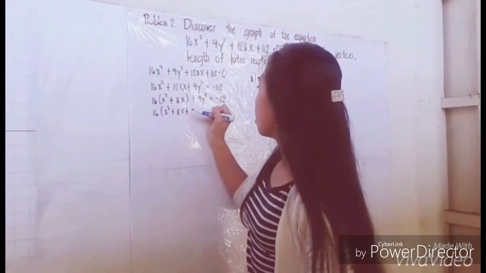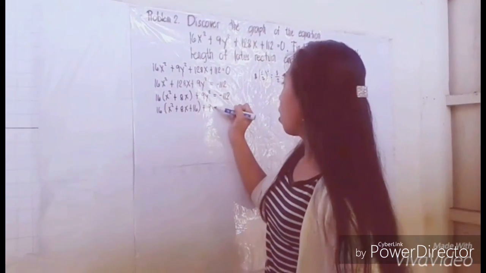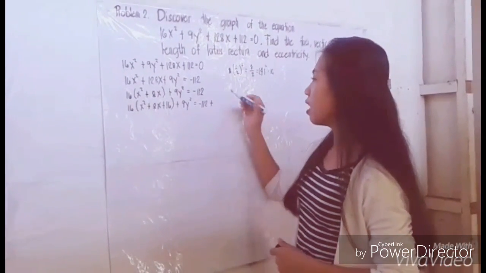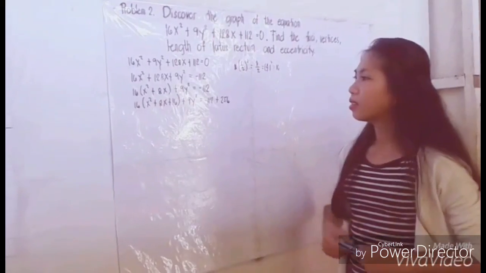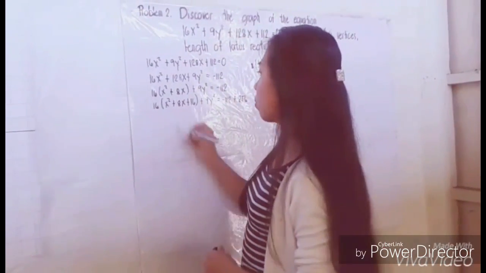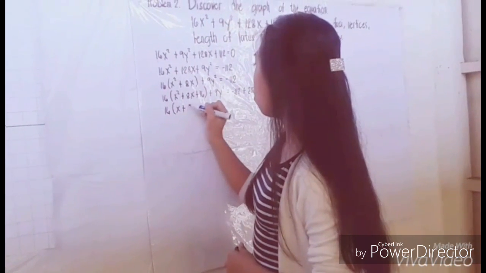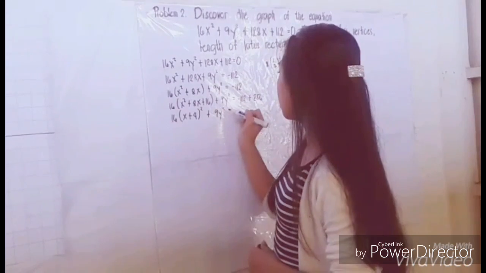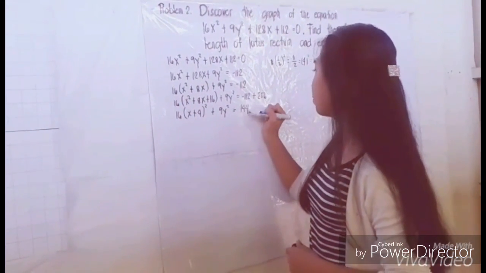So we have this positive 16 plus 9y squared equal to negative 112 plus the product of 16 and 16, which is 256. Then square of binomial, so we have 16 times x plus 4 squared plus 9y squared is equal to 144.